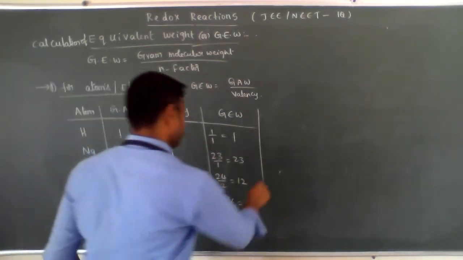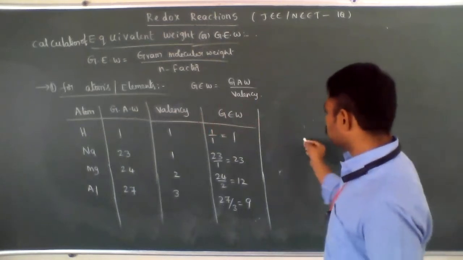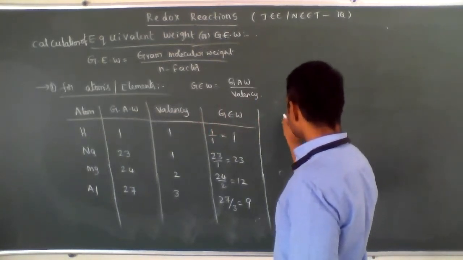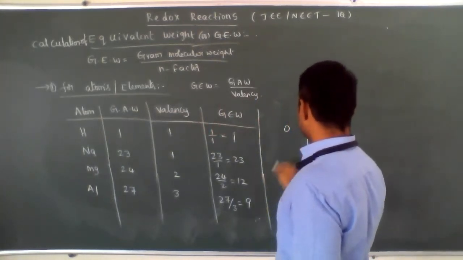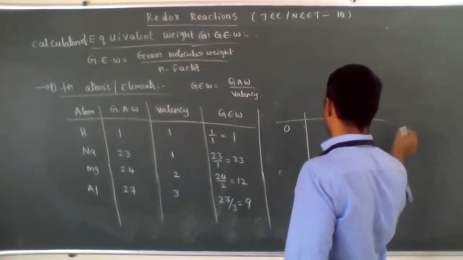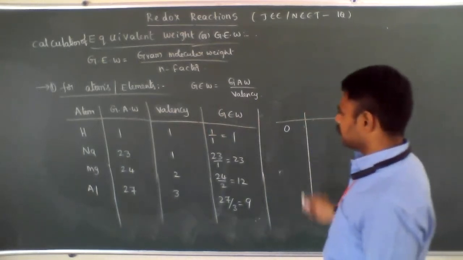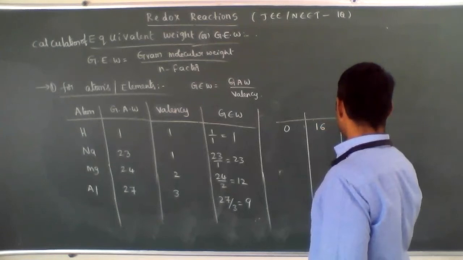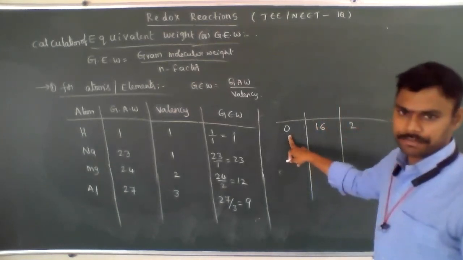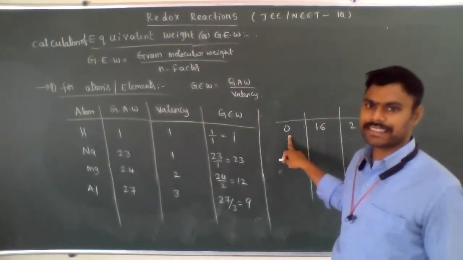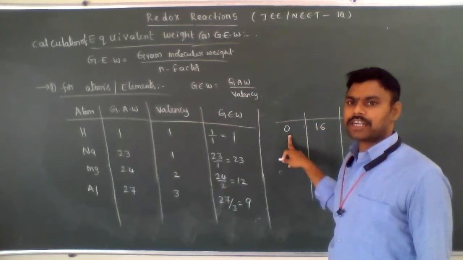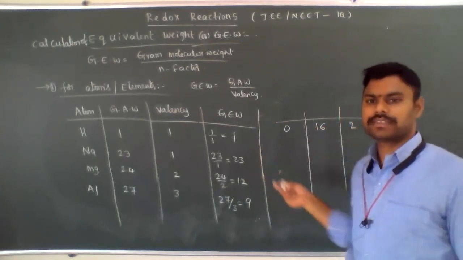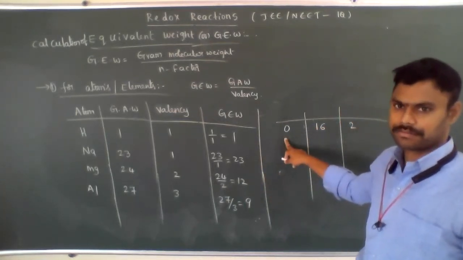The same way, oxygen atom you take. Oxygen atom atomic weight is 16. Valence is 2 because it is a 16th group element. 16th group elements are also considered 6A group elements. In order to get octet electronic configuration, oxygen atom requires 1 electron.